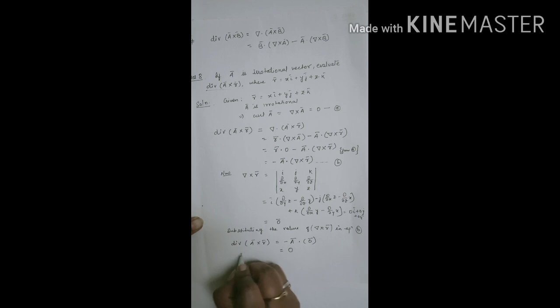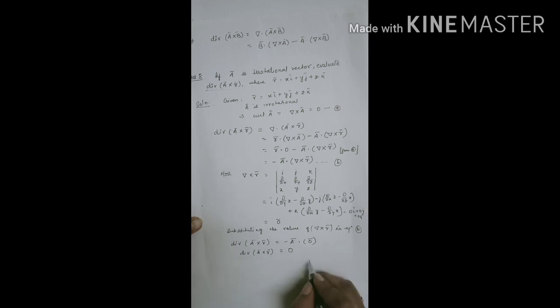So the value of divergence of vector A cross vector r is equal to 0, right?